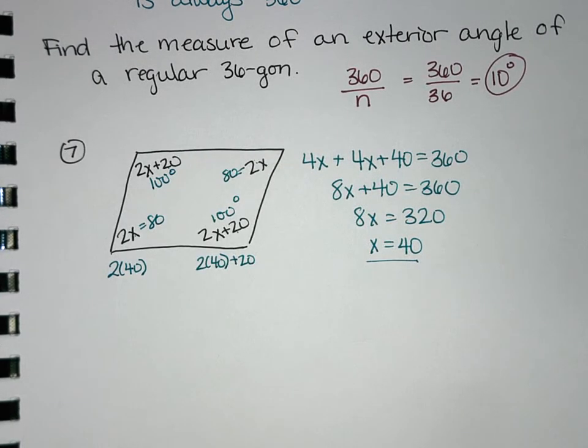Okay, that's what you're going to do for 7, 8, and 9, as well as 13, 14, and 15. You're going to be taking it based on a picture or a diagram, making sure you look at the number of sides so you add them to equal the right thing. Okay, any questions on 7 and how you would do those?